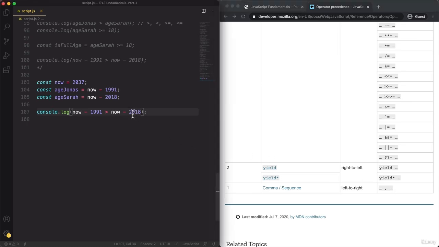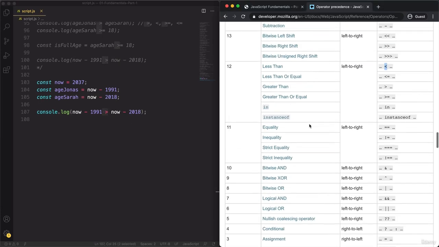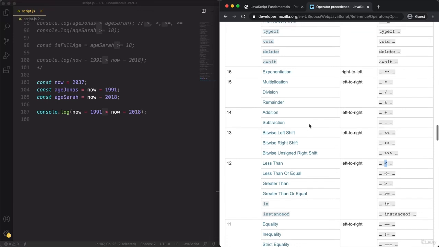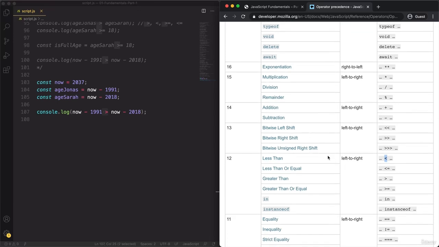But let's now stay in the context of our current example, which is this one here. And let's understand what exactly happens here in terms of operator precedence. So we already know that these two calculations here are done before the comparison. And so let's actually see that in the table. So here we have the comparison, this greater than, and you see that it has a lower precedence than the subtraction here. So this has 14 and this has 12, right?